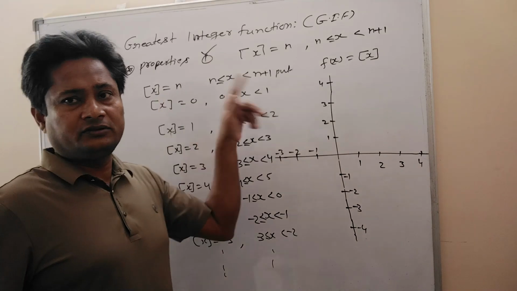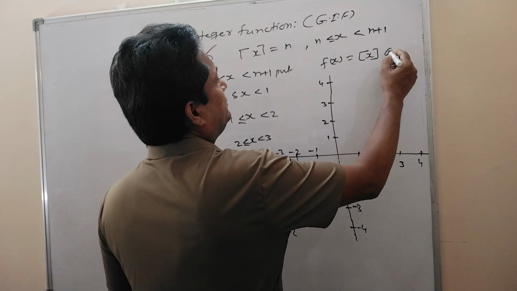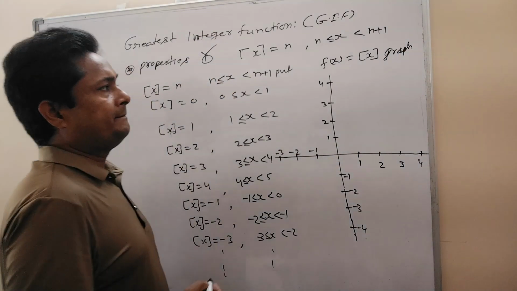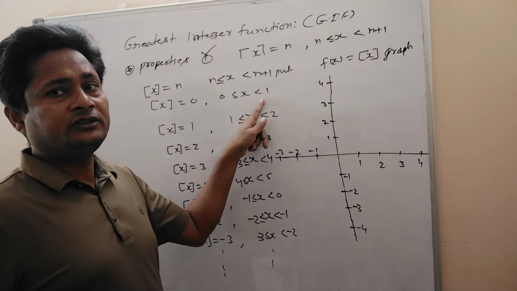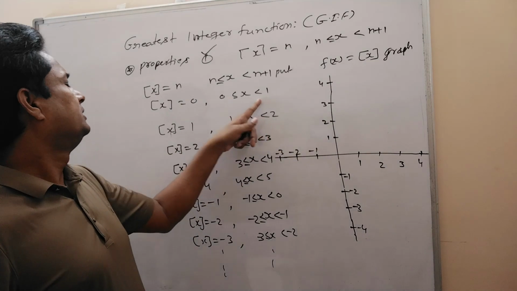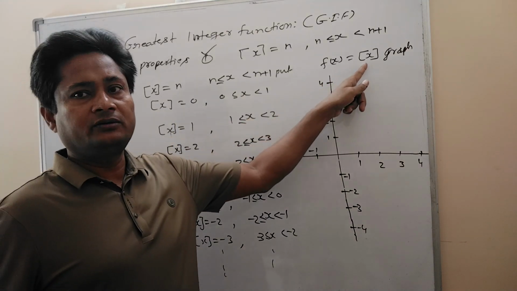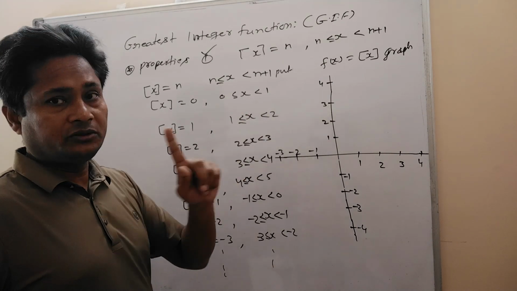Okay. f(x) is equal to greatest integer x. So how will you draw this graph? See here, if x lies between 0 to 1, then greatest integer of x will give you 0 value. That means its value will be 0 when x lies between 0 to 1.